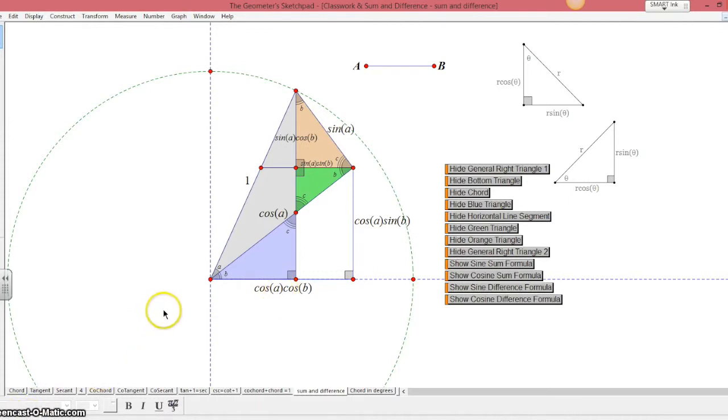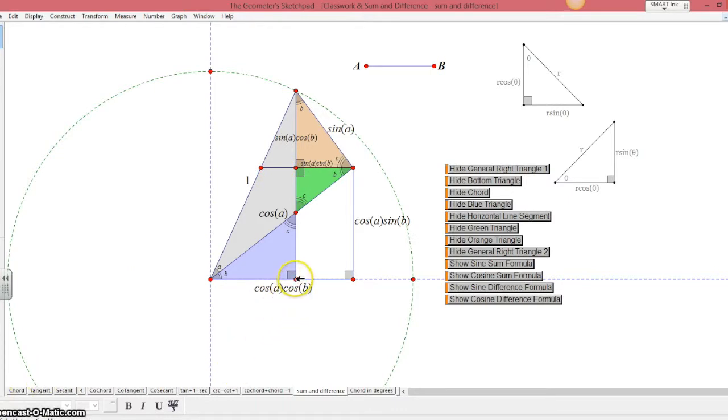Now remember, the objective of this proof is to find the sine of alpha plus beta, such that this is our sine of alpha plus beta. We know this small length right here is sine of alpha cosine of beta. Therefore, we need to know what this and this length are. These lengths plus this length will give us sine of alpha plus beta.